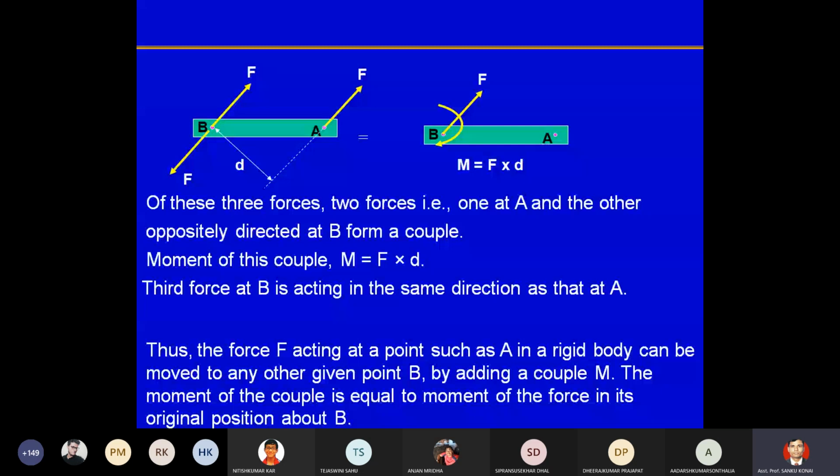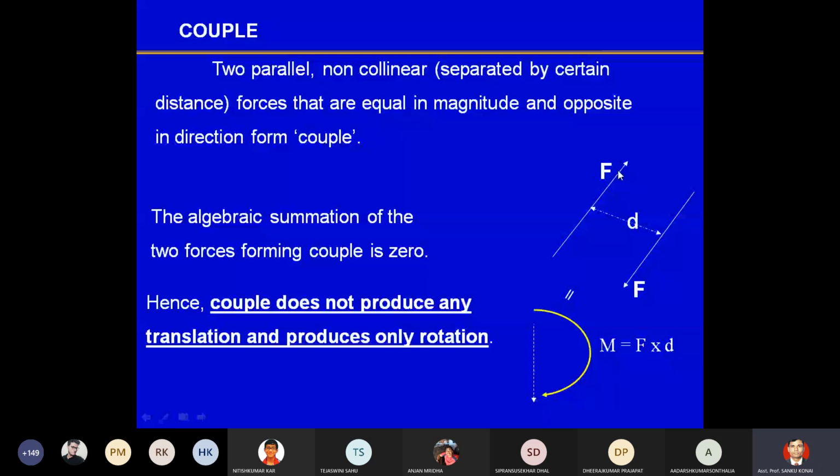The moment of this couple is M equal to F into D. Like in the definition of a couple, if there are two forces acting in opposite directions with the same magnitude and their perpendicular distance is D, then they will form a couple, and the moment of that couple will be F into D.